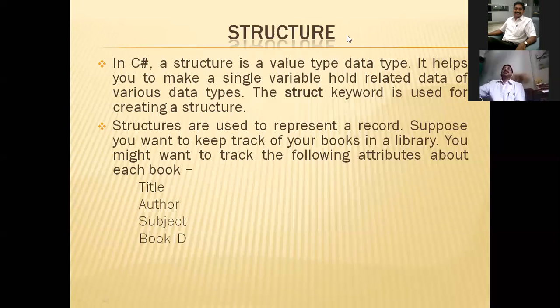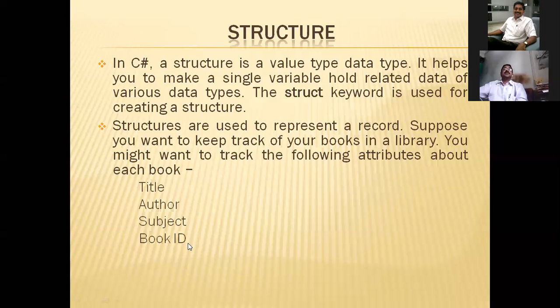This is very important, that you can just see the cursor which is on the record. Structures are used to represent a record. Suppose you want to keep track of your books in a library. You might have to track the following attributes about each book: for example, title, author, subject, and book ID.